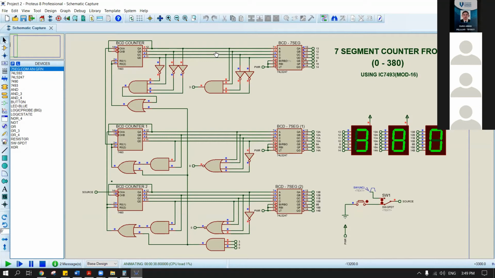Okay, just like before, as you can see at the left gate, we have the NOR gate for every counter. At the left side you can see the AND gate with inverter.